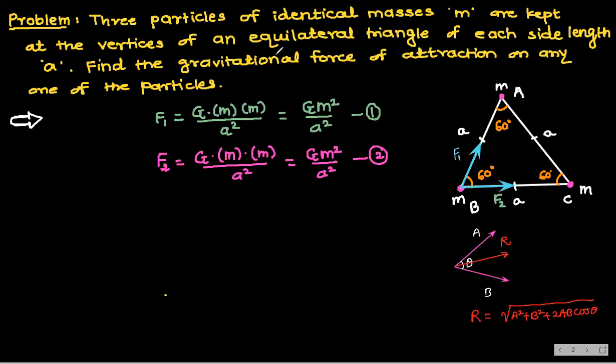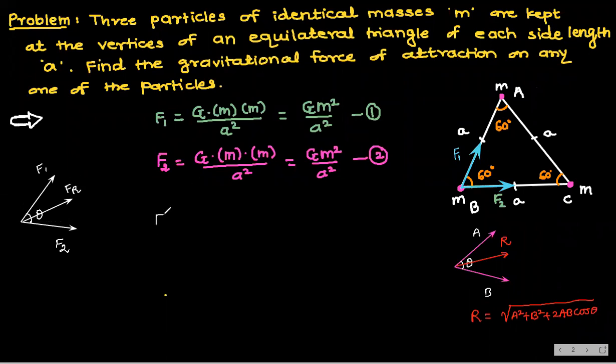Now in this case, we are having two vectors, here F1, here F2, the angle is theta, and we want to find the resultant force, Fr. What will be the formula?